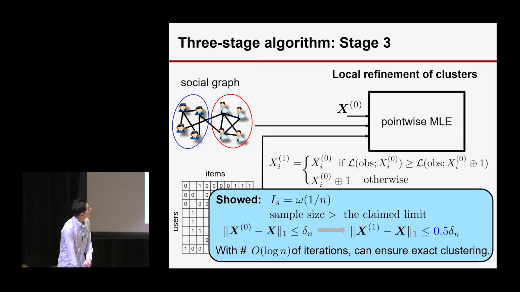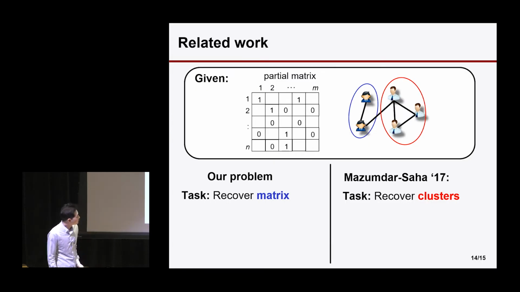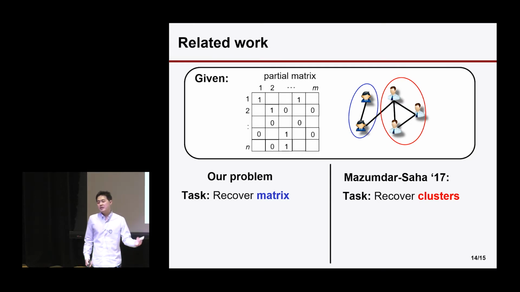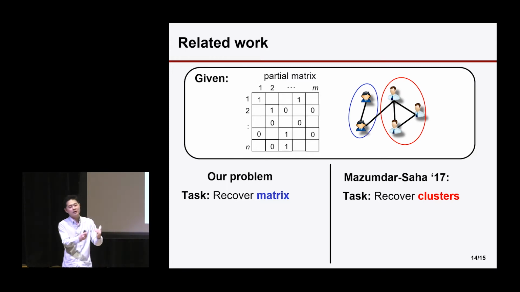Okay, and finally, let me say a few words about the related work. Actually, my friend Arya Mazumdar and his wife considered a similar problem, where the task is to recover the clustering using matrix rating as side information. So here you can see that the task is flipped. You can see some similarity, but I'd like to emphasize one key distinction.